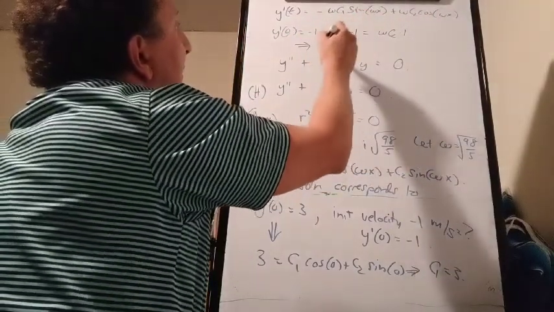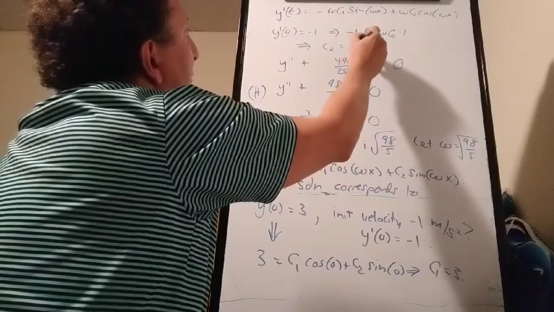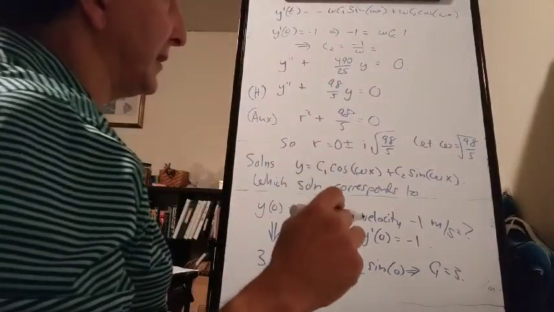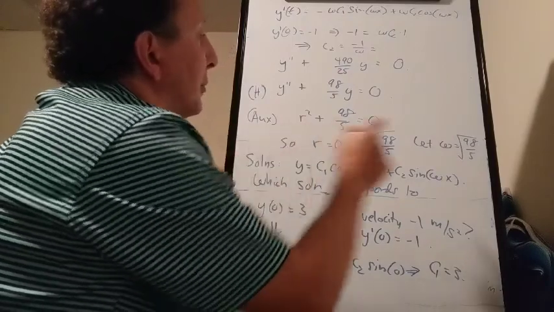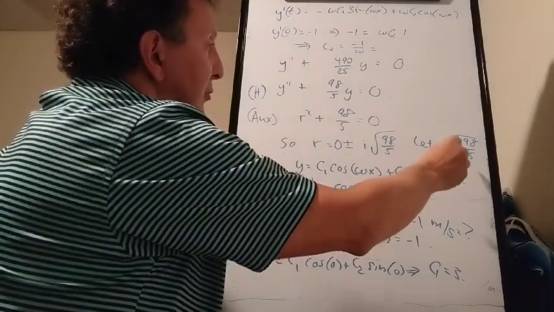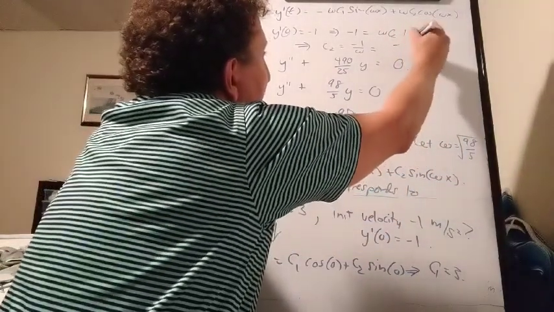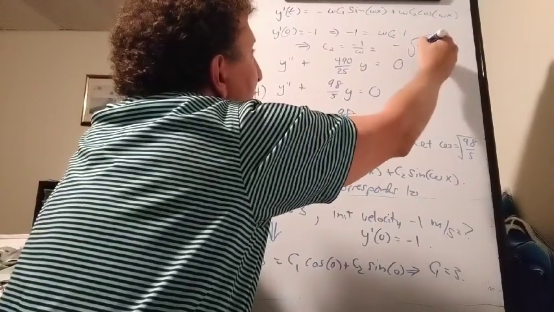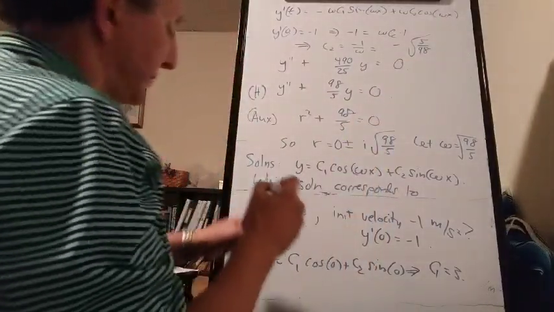So that means that c2 equals negative 1 over omega. All right, I'll put the omega back in there. So 1 over omega is the square root of 5 over 98. So negative square root of 5 over 98.